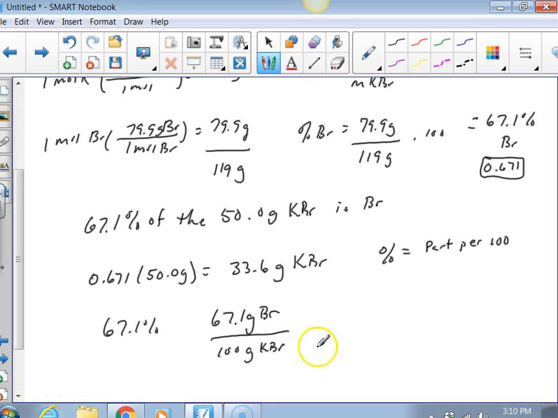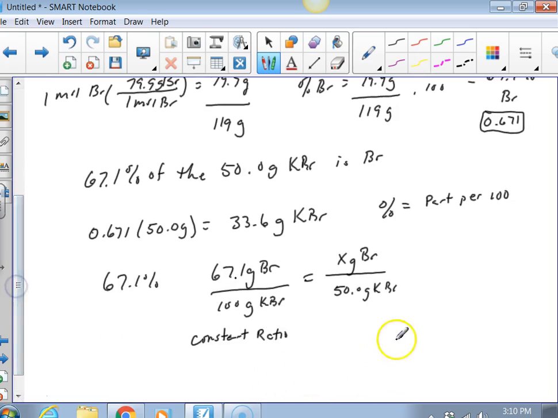That's the same thing as saying 67.1 per 100 in our percentage. That ratio has to be the same. This is a constant ratio. So, to keep the same ratio, we could say we would have X grams of bromine per 50 grams KBr.